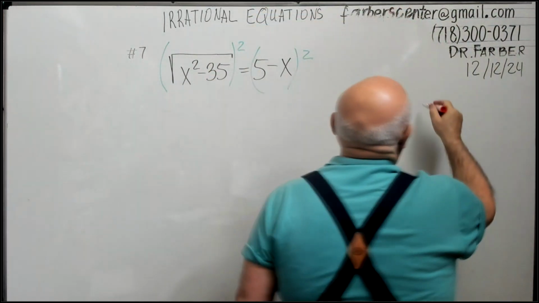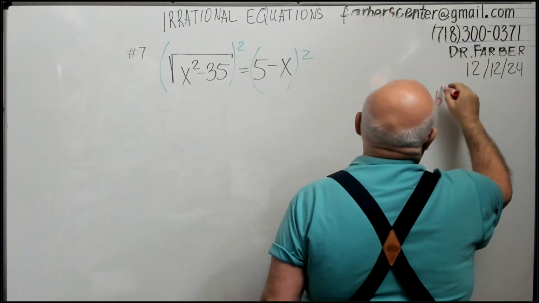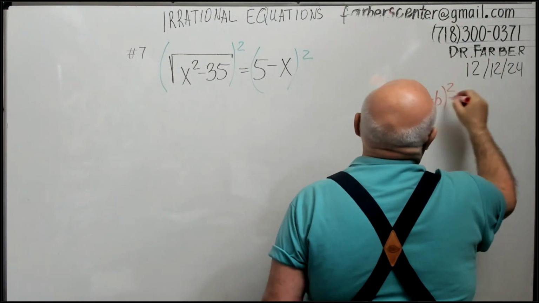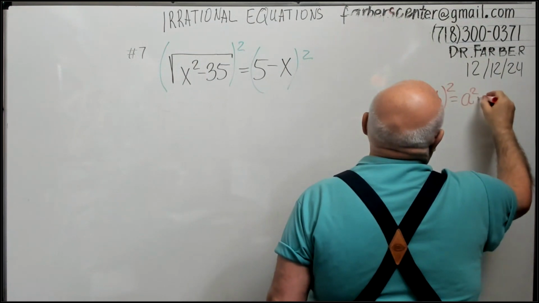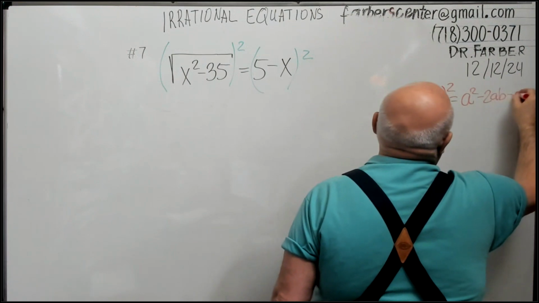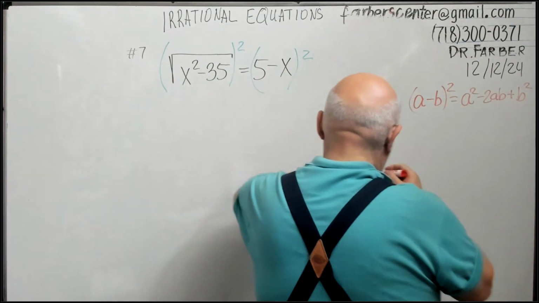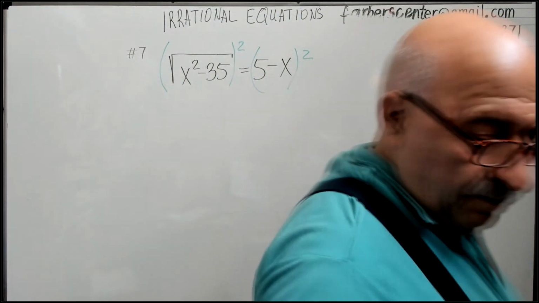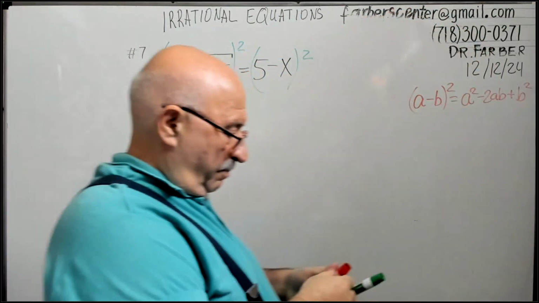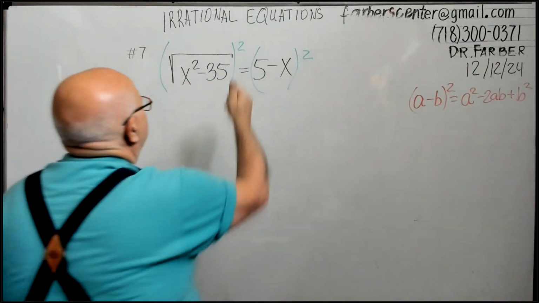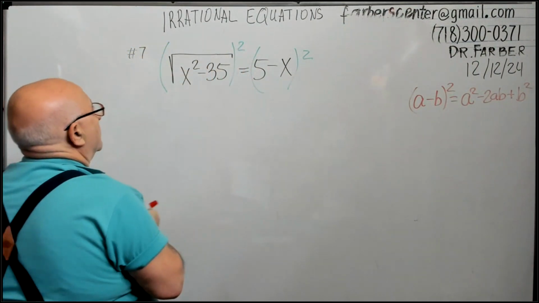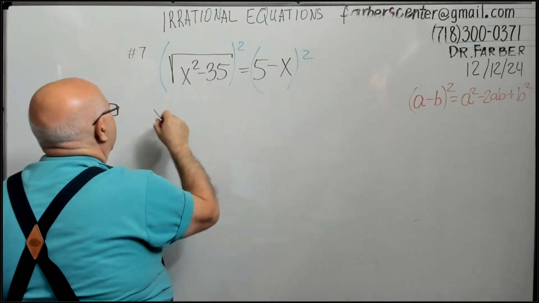Keep in mind the square of a difference of two terms: a minus b squared is a squared minus 2ab plus b squared. We already did it today for this right part. Now the square root in the second power cancels out, I have x squared minus 35.